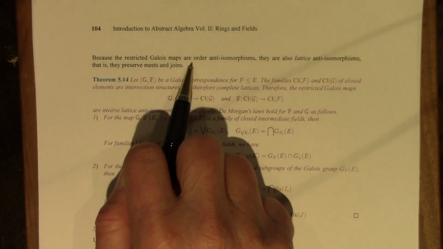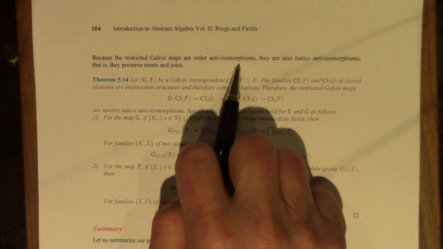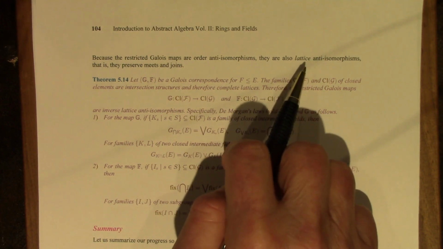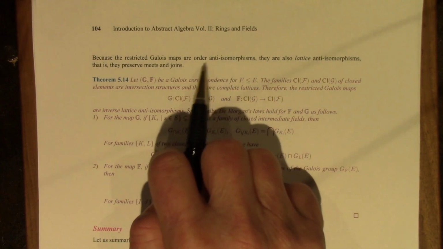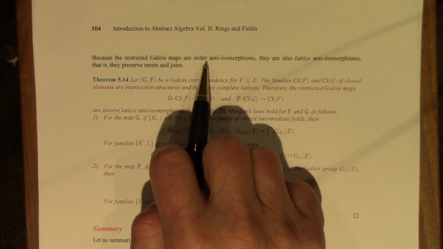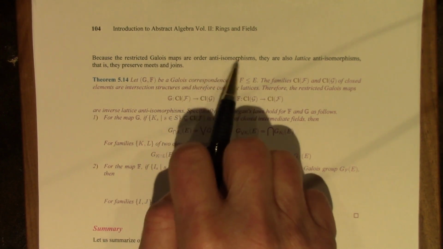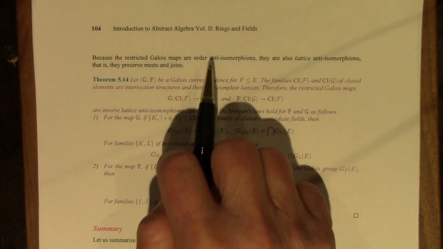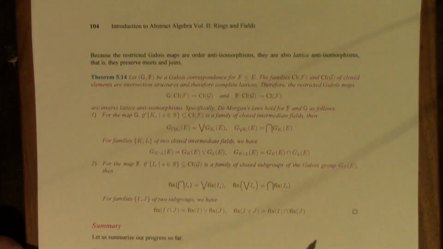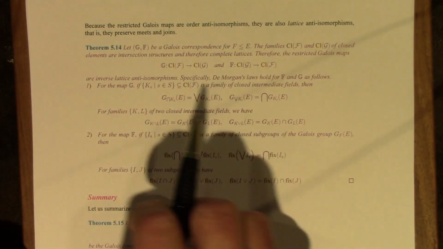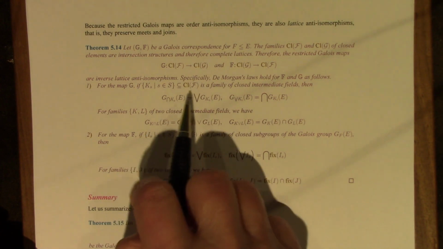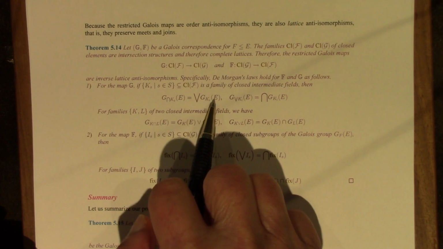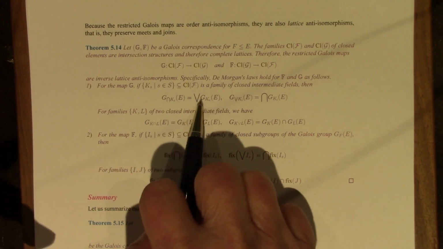Because the restricted Galois maps are order anti-isomorphisms, they're also lattice anti-isomorphisms. That's true in general. It's got nothing to do with Galois correspondence. Order isomorphisms are lattice isomorphisms, and the same for anti. And so that is expressed here, that the Galois group of the intersection is the join of the Galois groups, and this is the anti part.